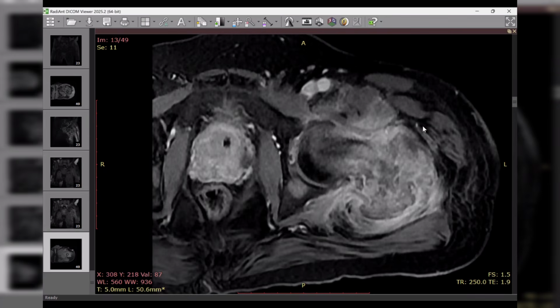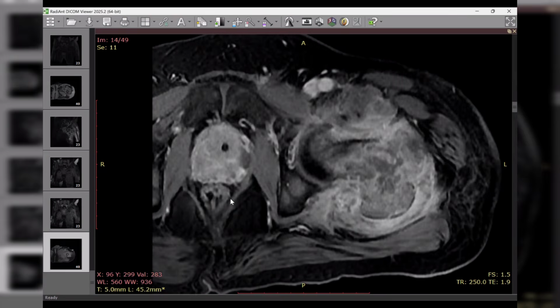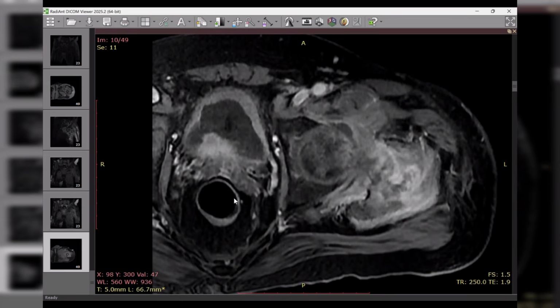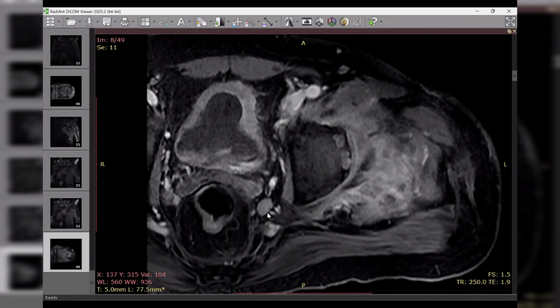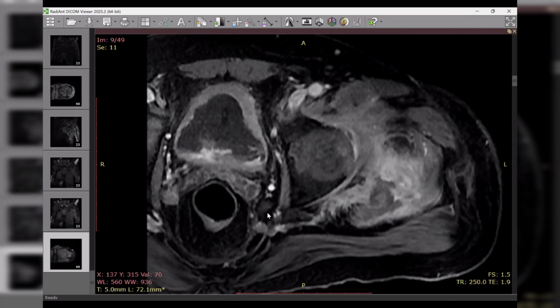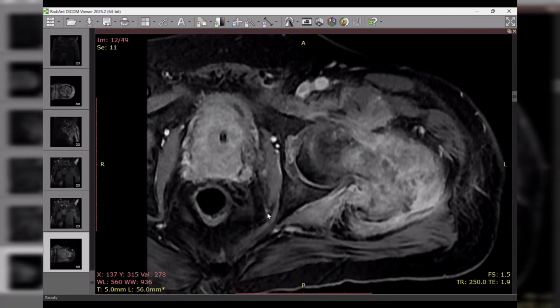Think again. What is this? There is a lymph node. Okay, nice. What do you think about this one? It's a lymph node.